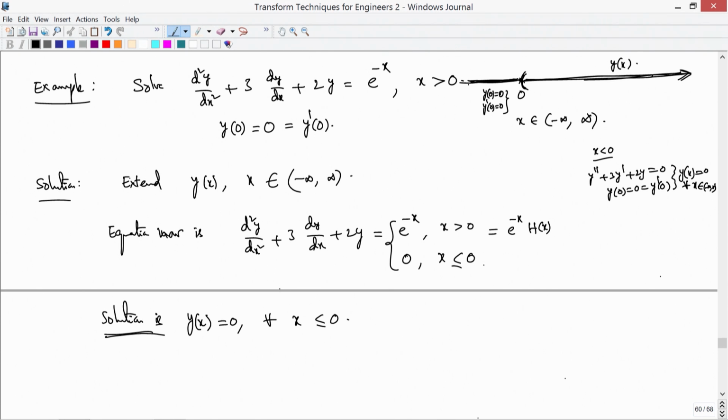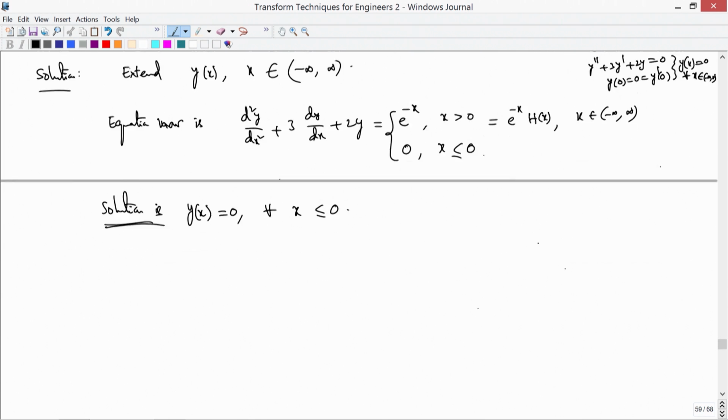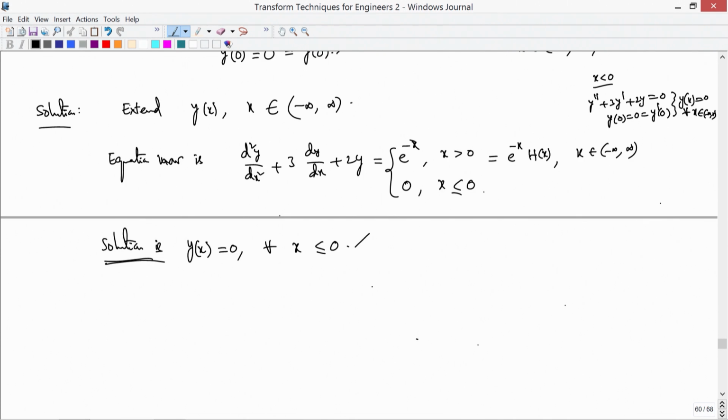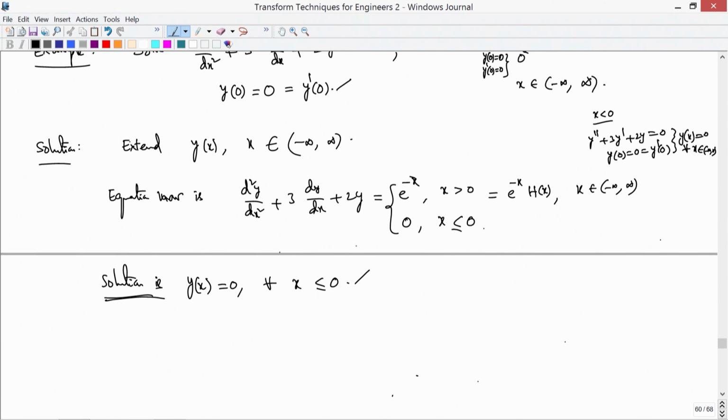Now you consider what happens for x belongs to minus infinity to infinity. This is e power minus x times h of x. Whenever you have these 0 boundary conditions, you can extend it this way with the Heaviside function, so that your solution on the negative side is always 0. Okay. And then the initial conditions are anyway satisfied.